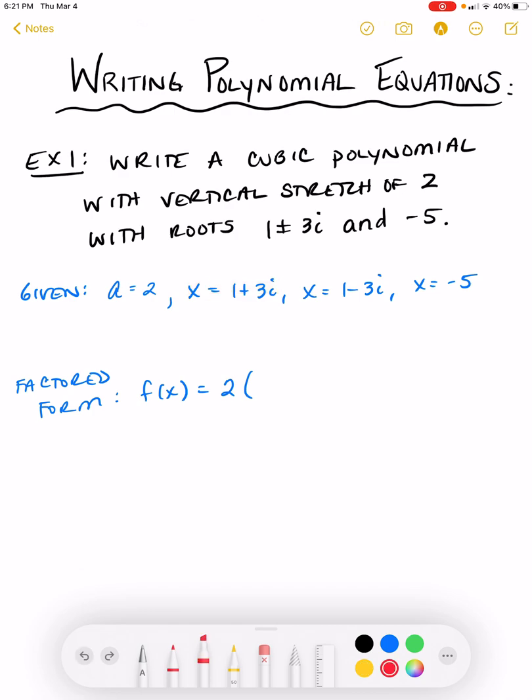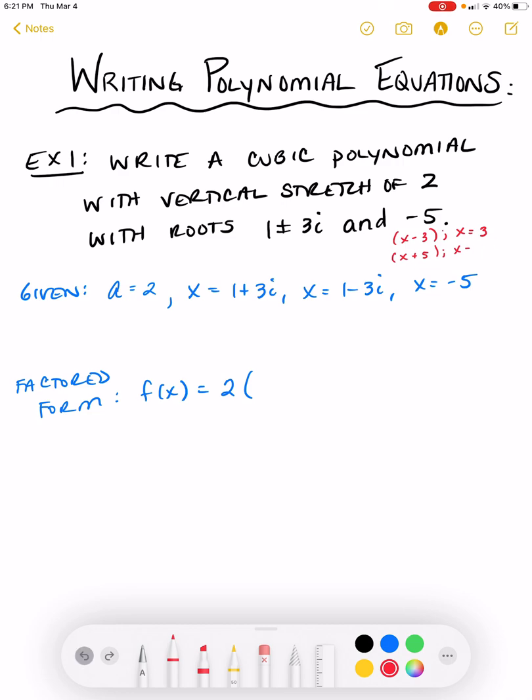If a factor is x minus 3, then that means that the root equals x equals 3. And if the factor is x plus 5, then that means the root equals x equals negative 5.